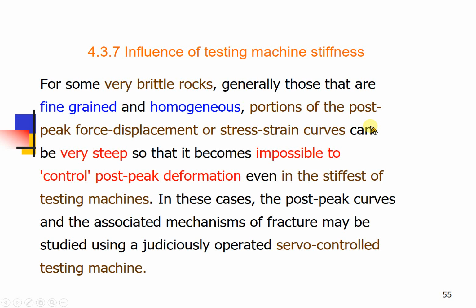This work can also be done by so-called servo control. You know servo control? Servo control means the machine can do things via commands from a computer. A very good example of servo control is the airbag.